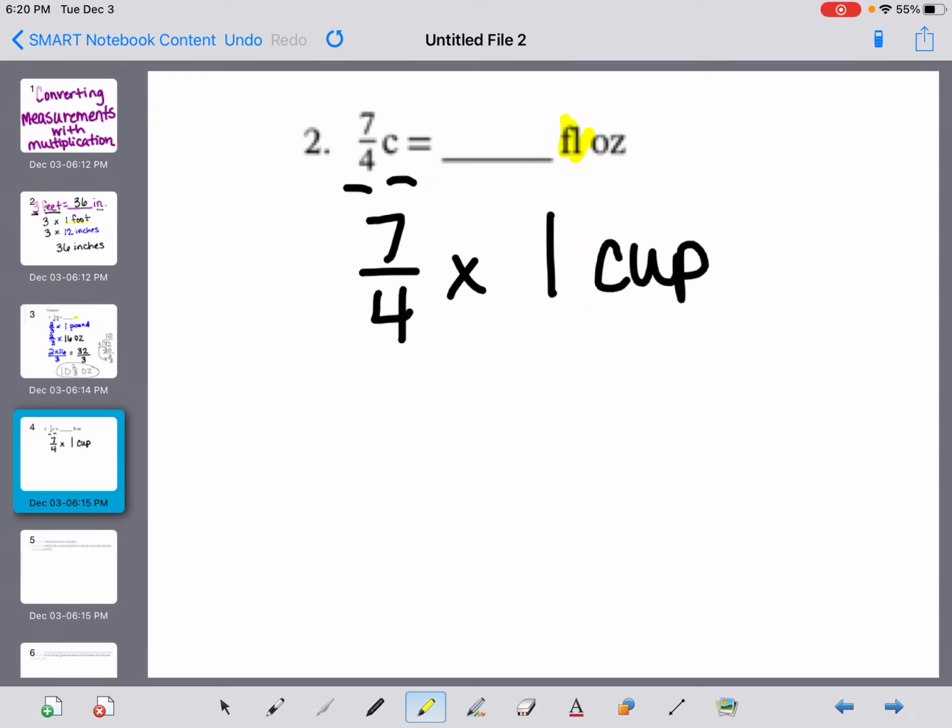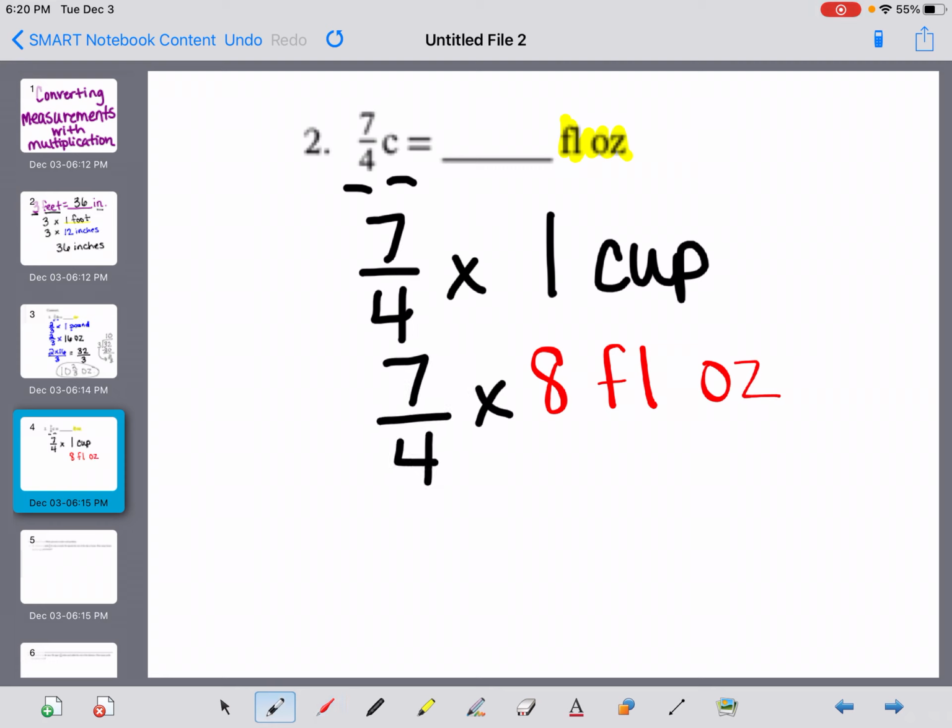I notice that I am changing cups to be fluid ounces. So again, if I need to, I can use one of my references and see that in 1 cup, we have 8 fluid ounces. Now I know that I can multiply these things. 7 times 8 is going to give me 56.